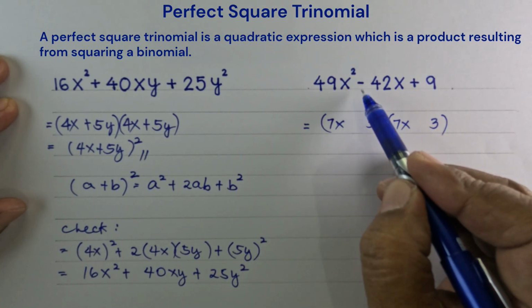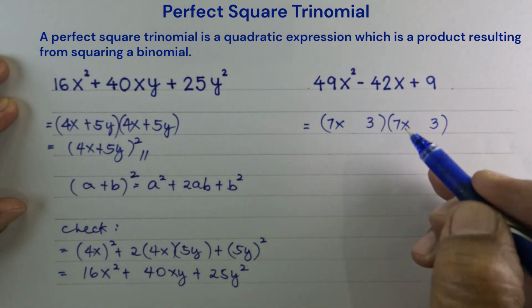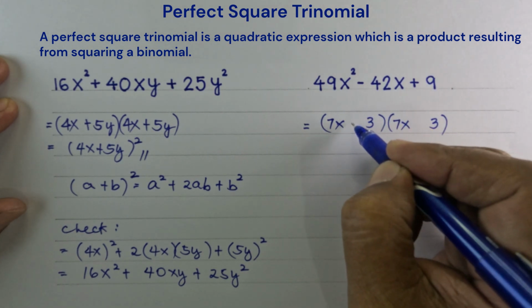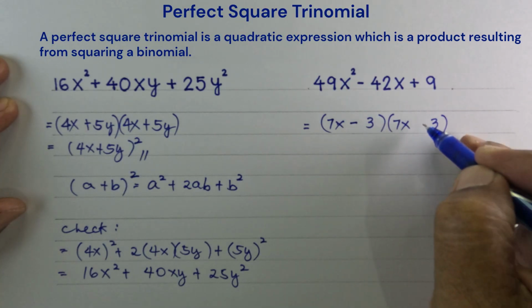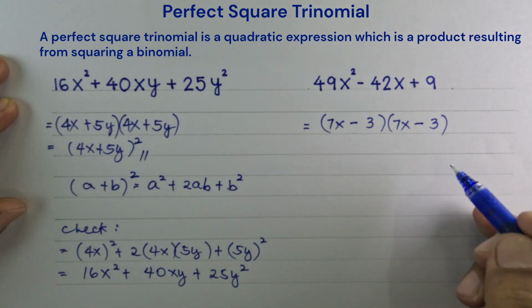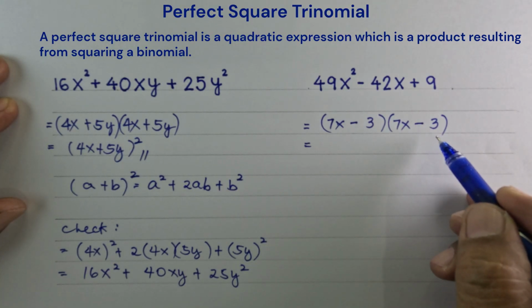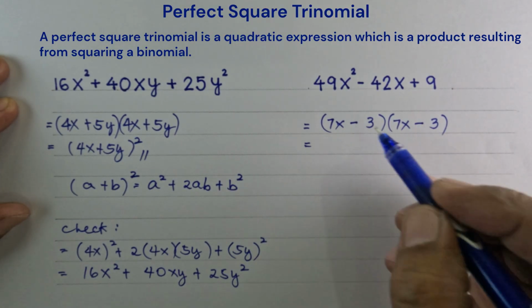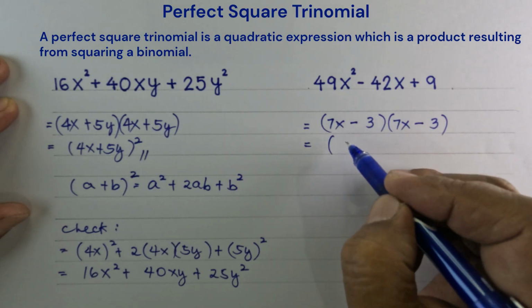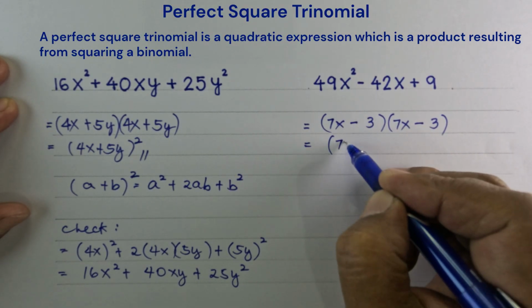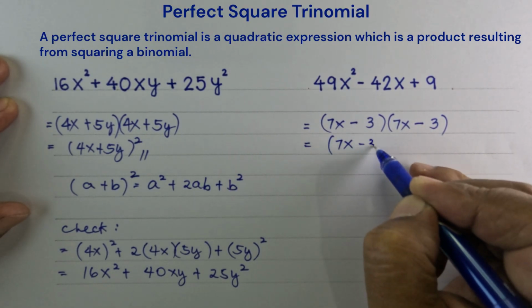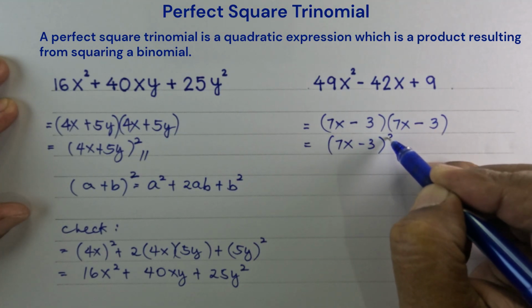The sign of the middle term is negative, so both must be negative. I'll write here a minus and a minus. So this is now a product of two identical binomials. We could write it as 7x minus 3 quantity squared.